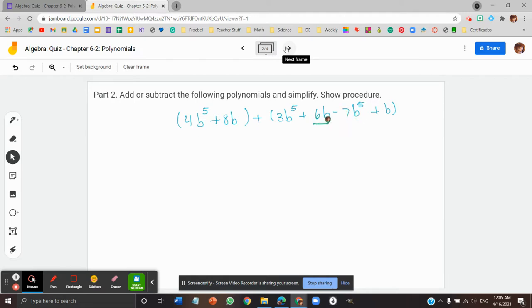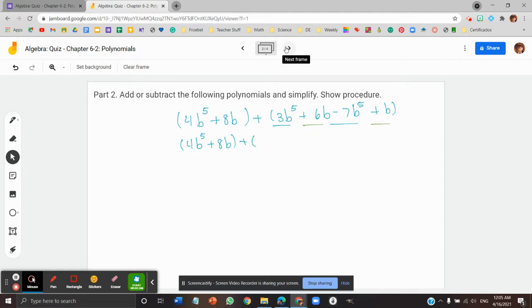I also have my b's. So I can combine my b to the fifth, and I can combine just the b's. But for that, I'm going to first leave the first group all intact until I solve the other group.